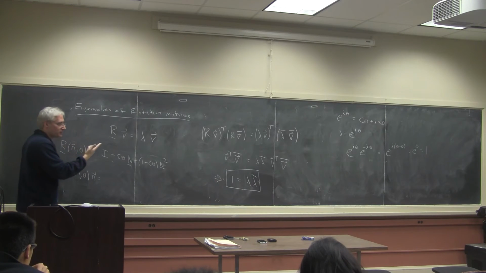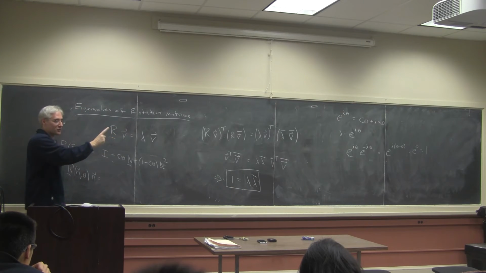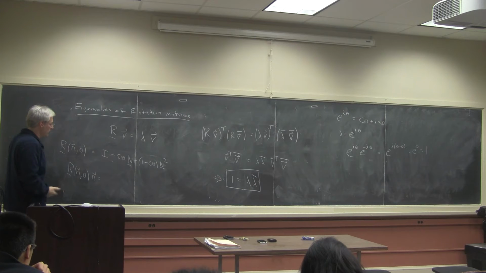That's the only vector that doesn't change: n and multiples of n. The axis of the rotation stays fixed.